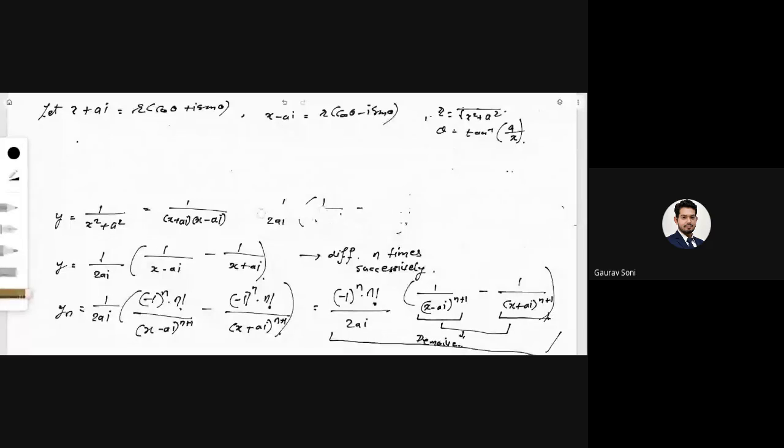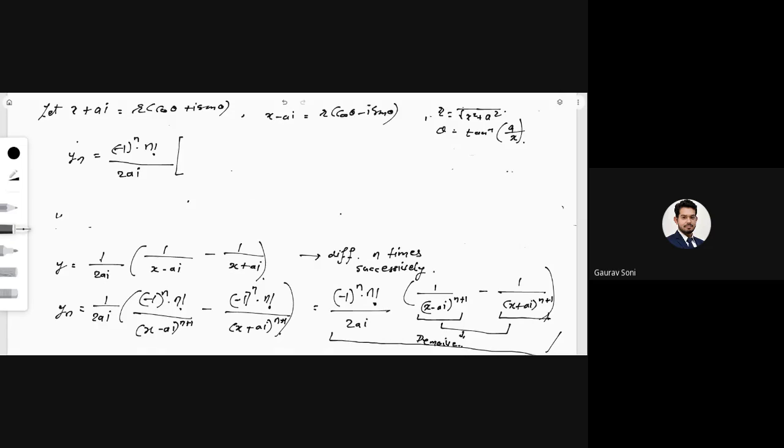Let's put this. So yn in this case will be equal to minus 1 raised to n into n factorial upon 2ai in bracket.